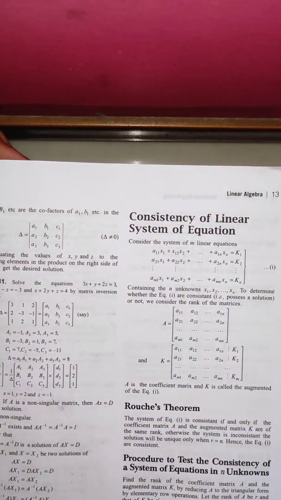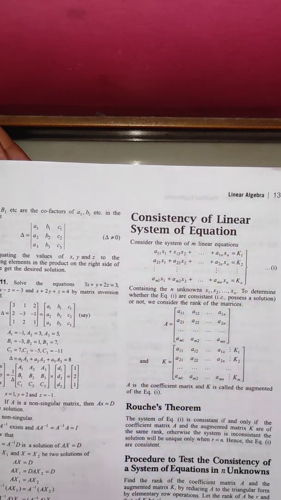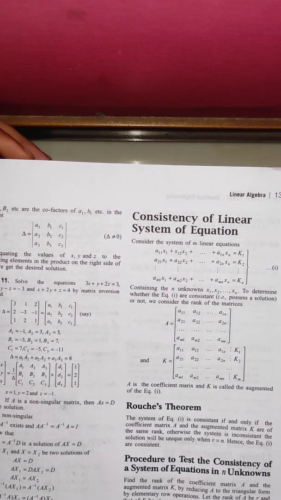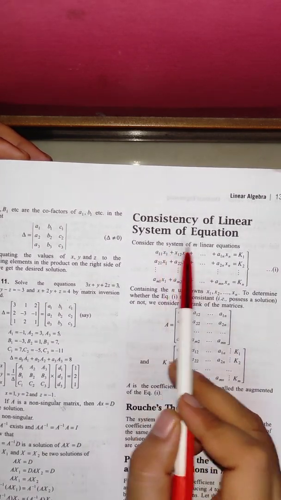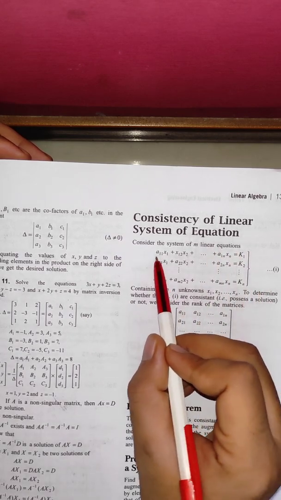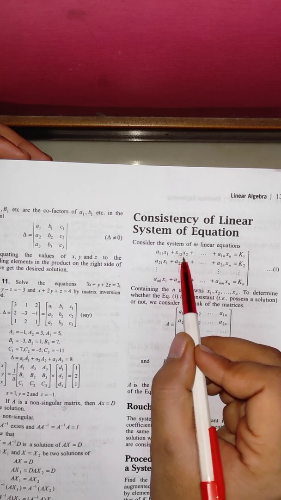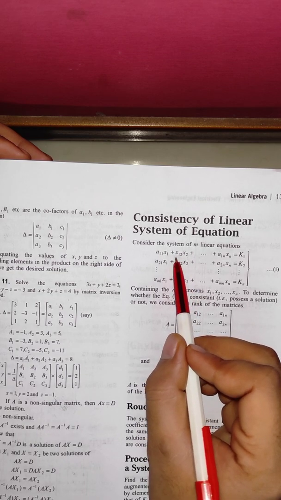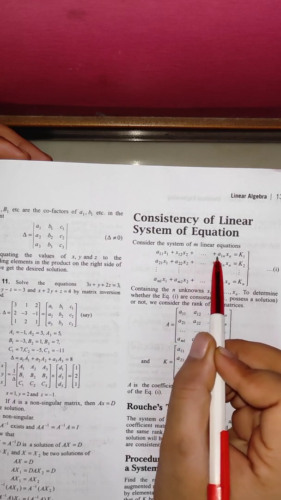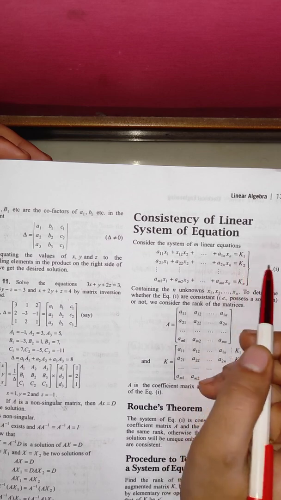Next topic is consistency of linear system of equations. This is also a very important topic. So considering m linear equations, say a11 x1 plus a12 x2 plus dot dot dot plus a1n xn equals to k1.